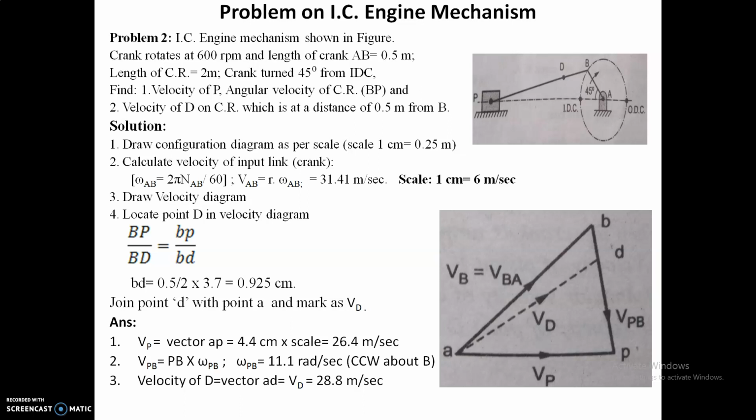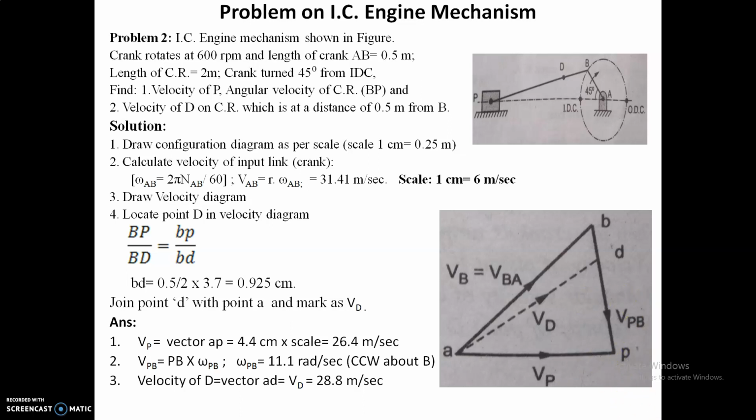So bd is equal to 0.925 centimeter. So from small point b, you take the length of 0.925 centimeter along the connecting rod. So you will get the point d.